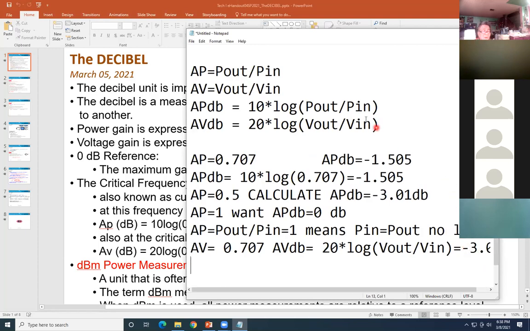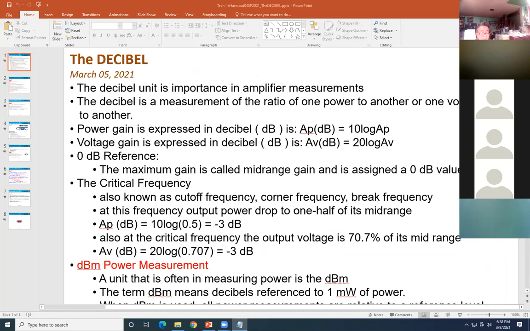Okay, so that is telling you, if you get the decibel, all the time it will be the ratio between output and the input, either for the power or the voltage or the current.